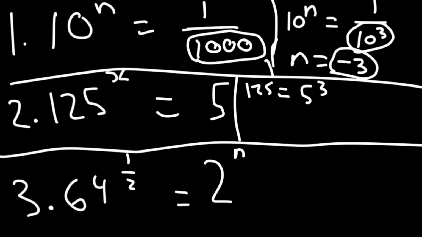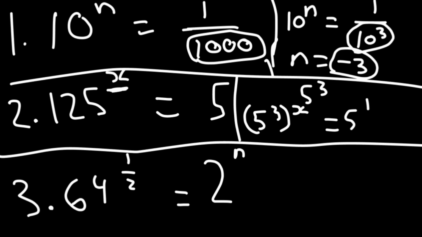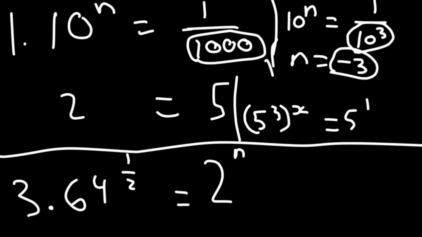So 5 to the power of 3, and then since I have this x over here, it gets raised to the power of x, is equal to 5. And 5 alone is just 5 to the power of 1. So 5 to the power of 3 raised to x is equal to 5 to the power of 1. So let me just erase the question so I have space.